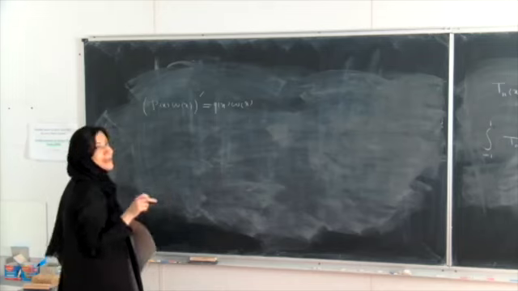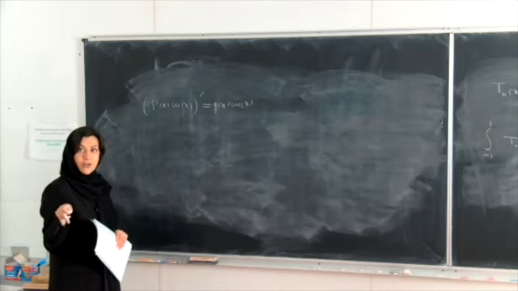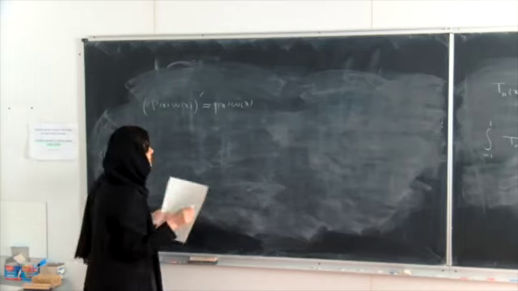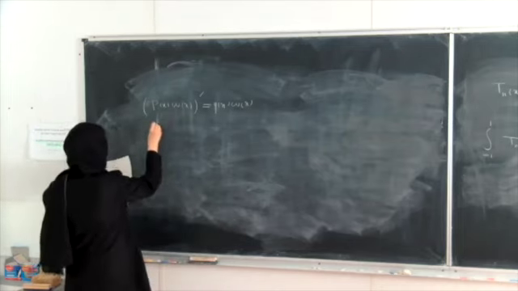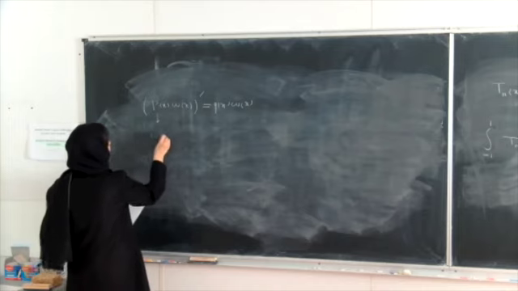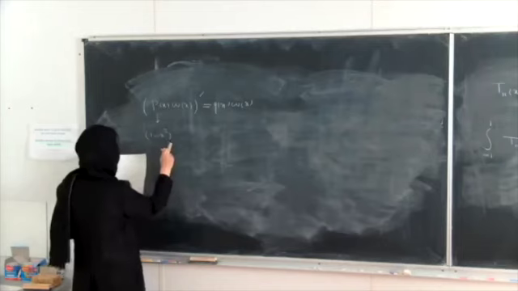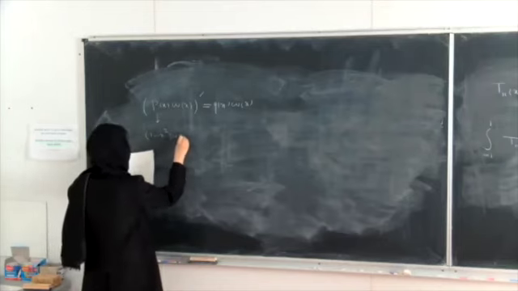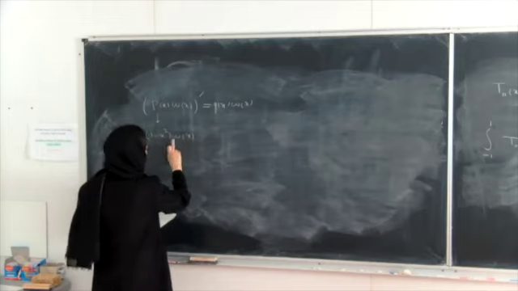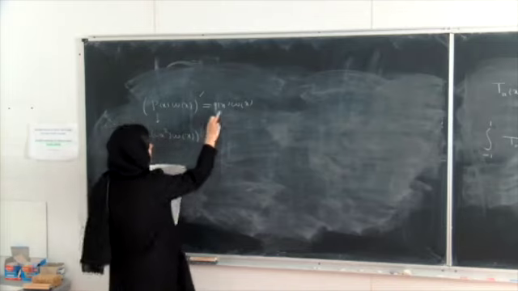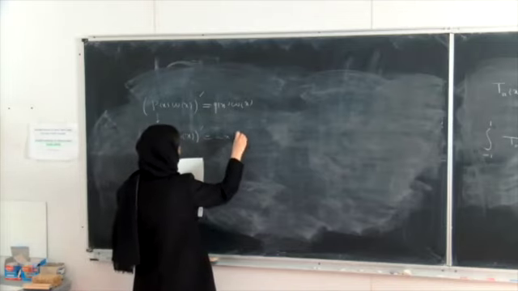From the second order ordinary differential equation of Chebyshev polynomials, of which they are the exact solution, we can find that p(x) is 1 minus x^2. So we have 1 minus x^2 times w of x, and q(x) is minus x.